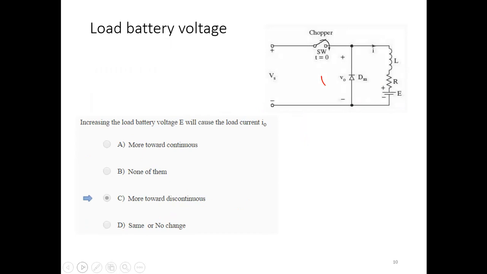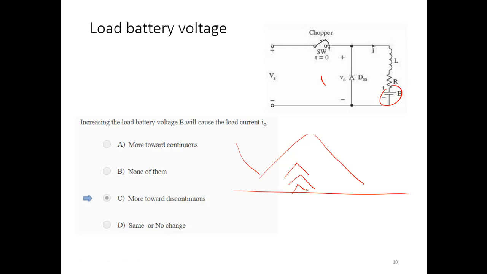If you increase the load battery, it will cause this current to be more towards discontinuous. If there is no battery, it may be continuous. But if you make the battery more and more, it goes towards discontinuity, more and more discontinuous.